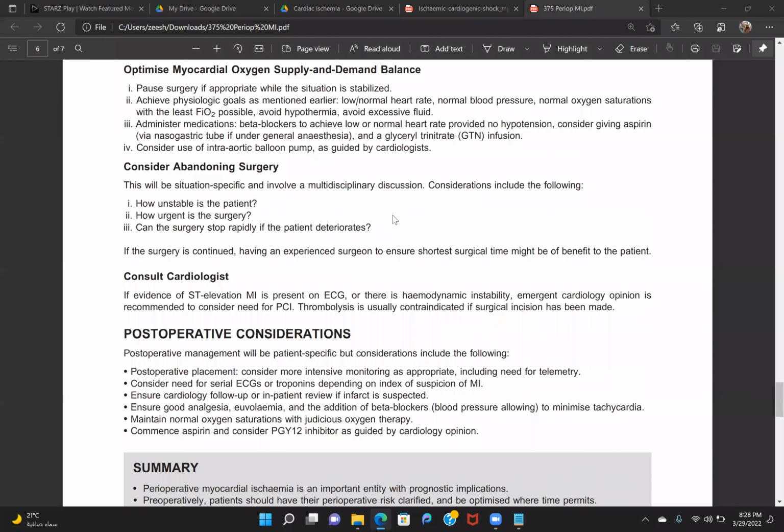What else? Normovolemia. Maintain sinus rhythm. Maintain cardiac filling pressures. Avoid sympathetic stimulation. I have chalked it down in the anesthesia plan file, and I will show you later on. But these are the things which you will be doing.